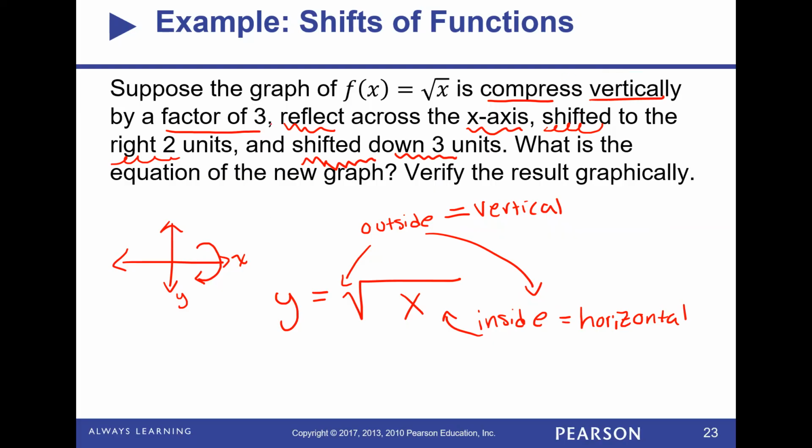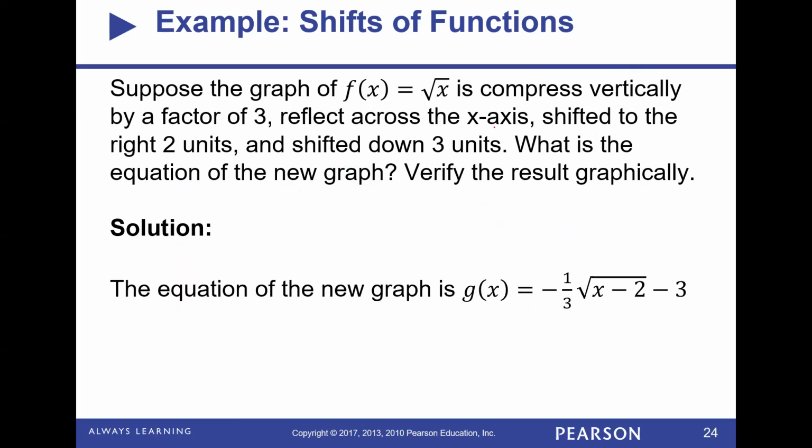And I'm going to shift right 2 units, so right 2 units would be in this direction here. As I shift to the right, that is a horizontal movement, so that's going to go inside. And when I shift down, that's a vertical movement, so that should be on the outside there. Okay, so let's put that all into play.